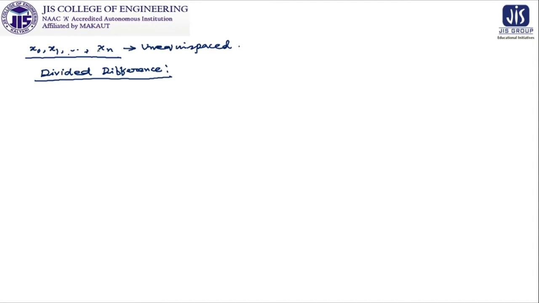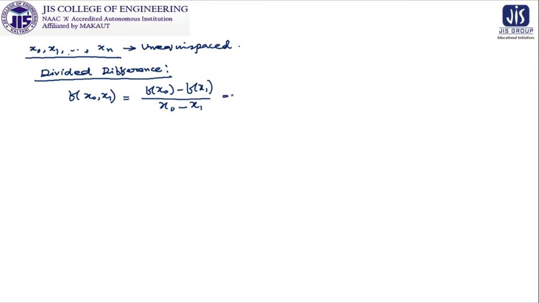So the first order divided difference of f(x) for two arguments x0 and x1 is denoted by f of x0, x1. Sometimes you can get other notations also, but the definition is f of x0 minus f of x1 by x0 minus x1.